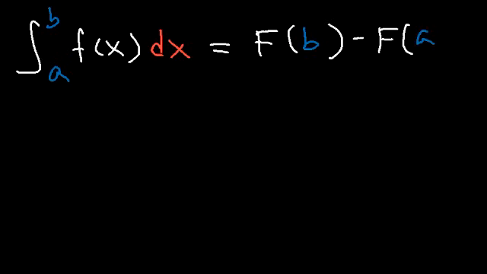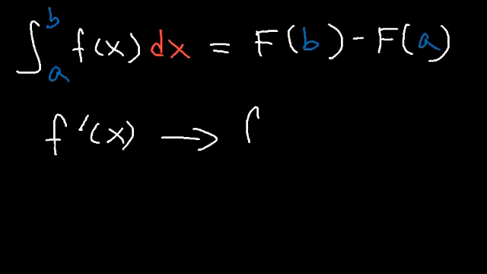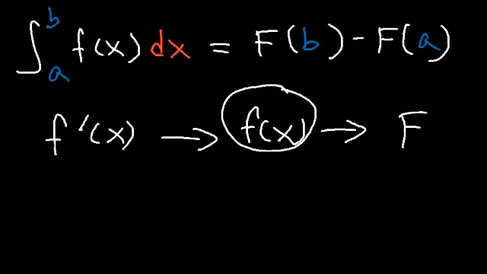Capital F is the antiderivative, or the integration of lowercase f. Just so you know, f prime of x is the derivative of f of x, and lowercase f is the derivative of capital F. Capital F is the integration or antiderivative of lowercase f, and lowercase f is the integration of f prime.